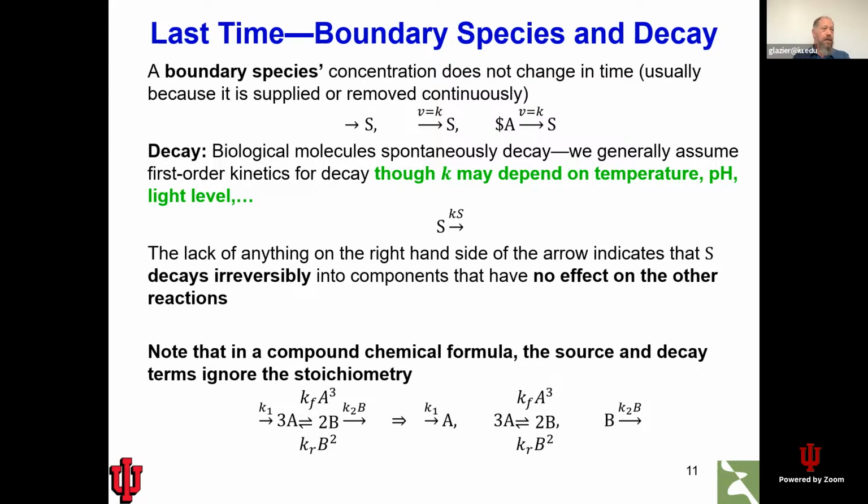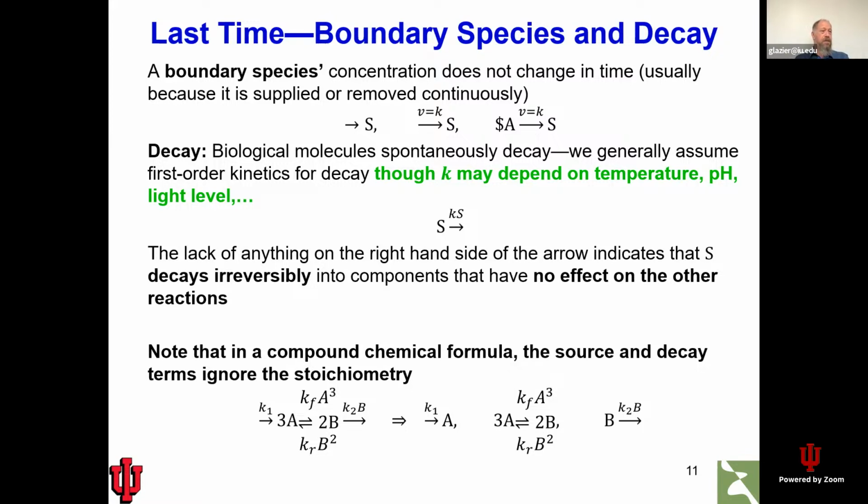And so, in particular, very often we'll write things as nothing going to a chemical species. We won't ask where it comes from. And very often that rate will be a constant rate. We'll have a constant supply. For decay, we talked about this, and it came up a little bit in the homework because we hadn't really gone over it.